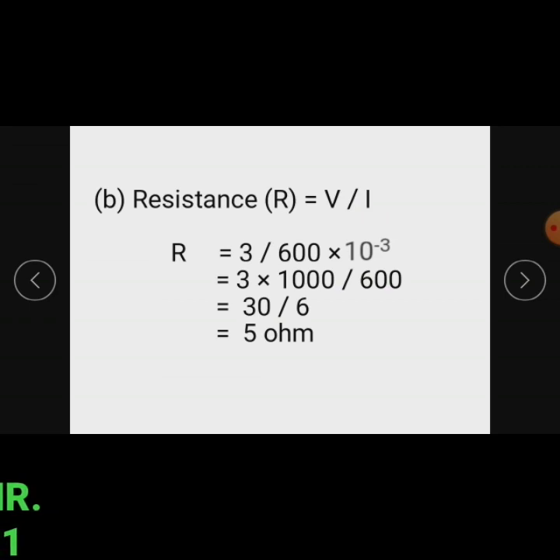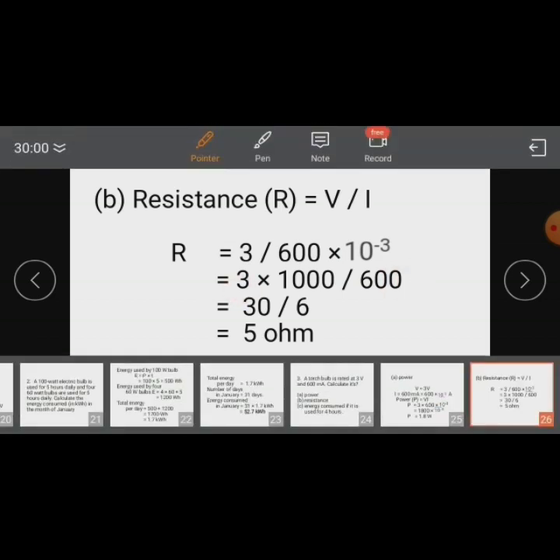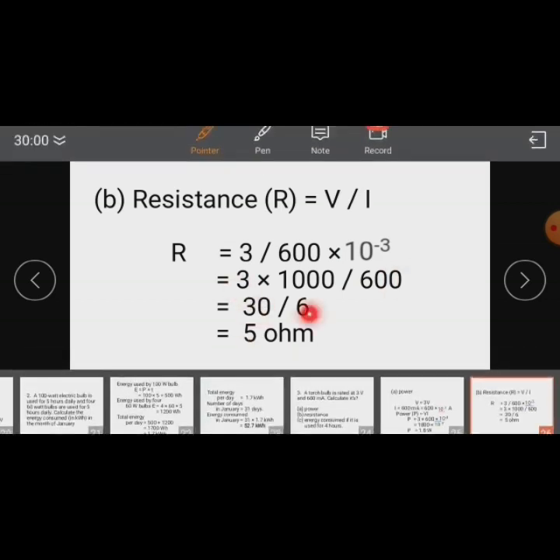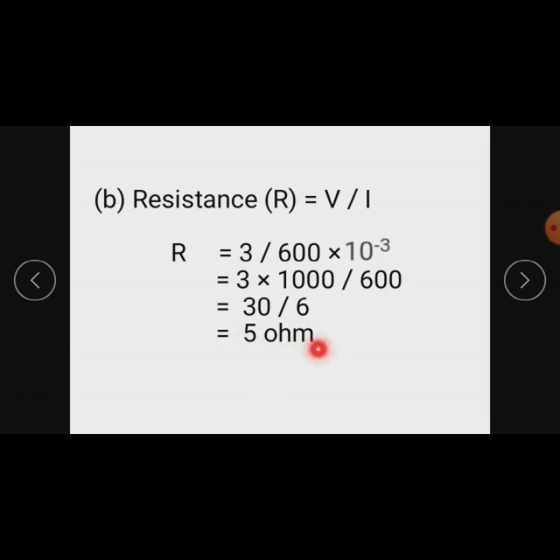So 10 to the power minus 3 comes in the numerator, it changes to 1000. So here 2 zeros get cancelled. 3 into 10, 30. 30 divided by 6, we get 5 ohm. So the resistance R equal to 5 ohm.